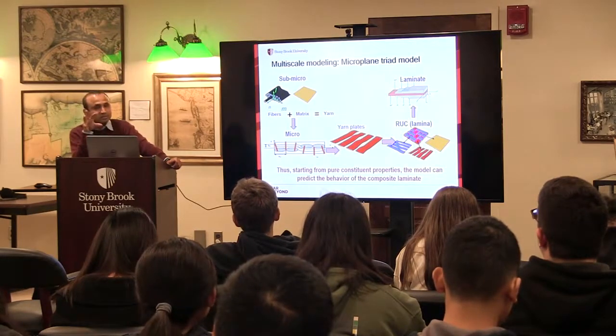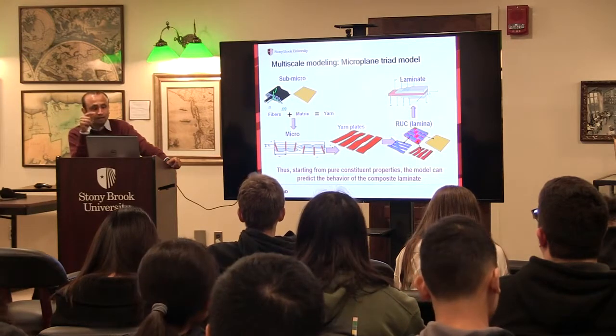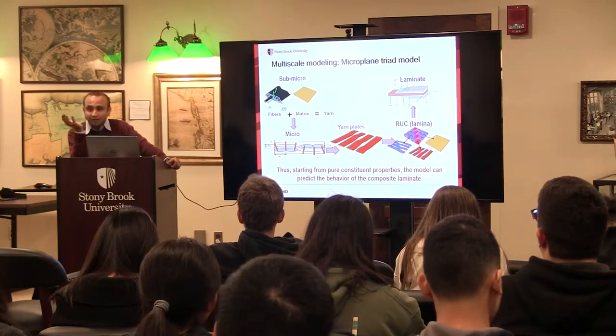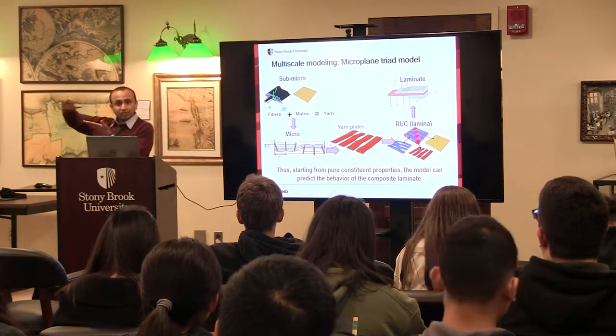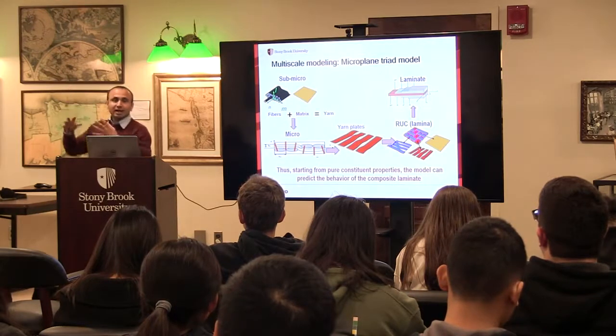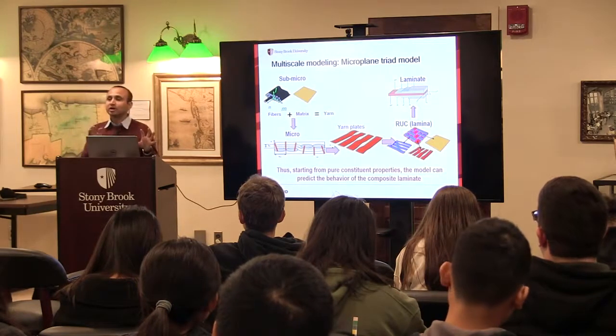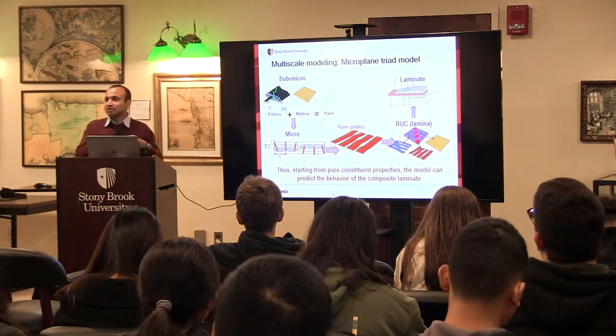Individual fiber levels, fiber and matrix, which is the sub-micron level. Then we go to the yarn level, which is like a bundle of fibers. Then we go to the layer, individual layers, and then the stack of layers. And then depending on which length scale we are at, we can formulate the failure mechanism at that length scale. And that becomes very easy.